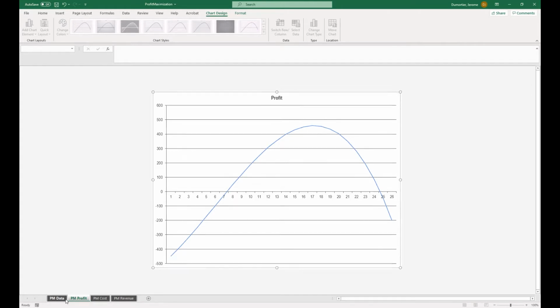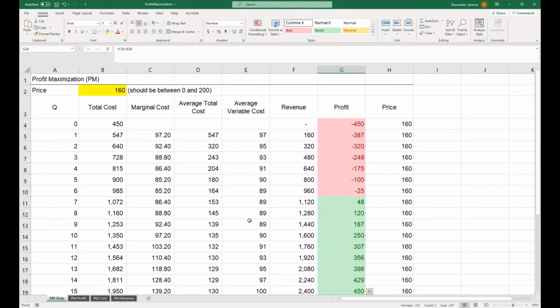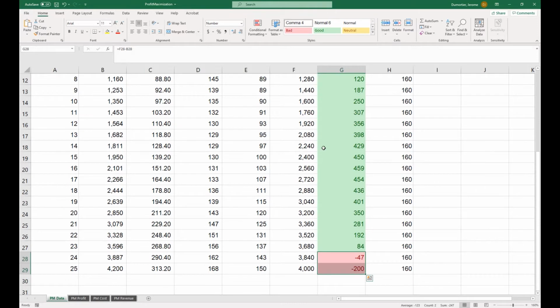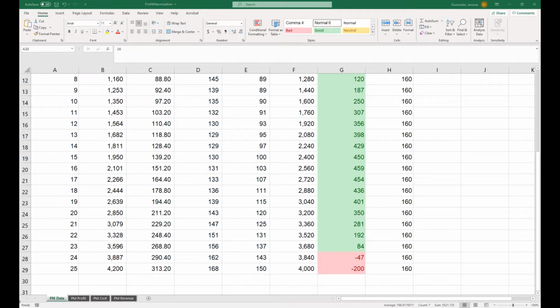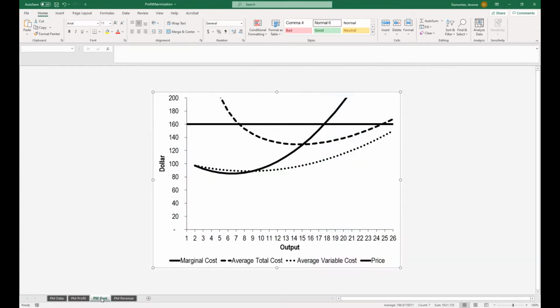If you go back to the sheet, you see that the maximum here is at 16 units, okay? And you see that this is profit maximizing. Now, and here comes the important part.